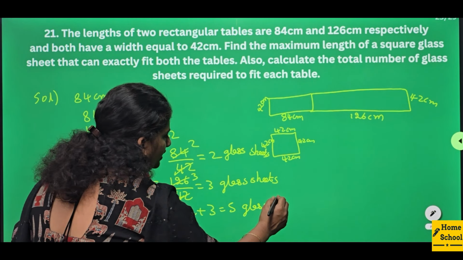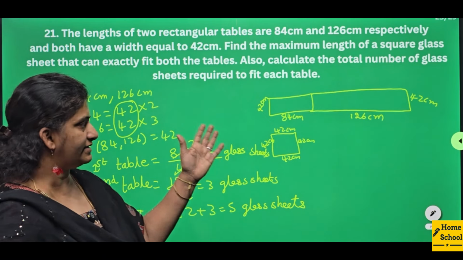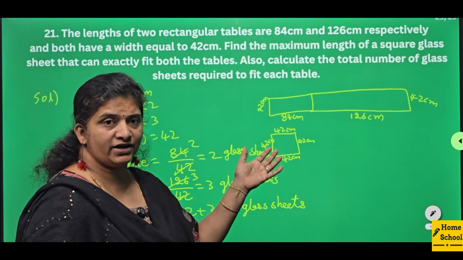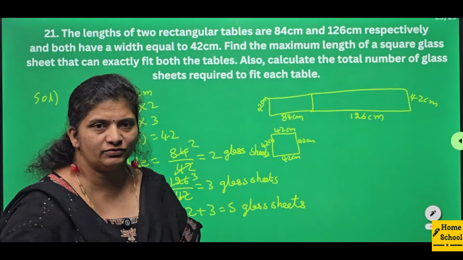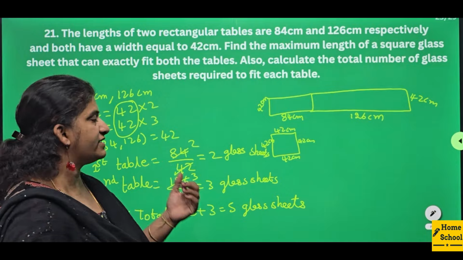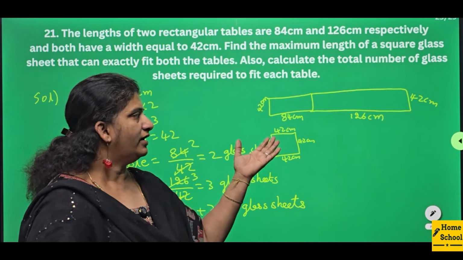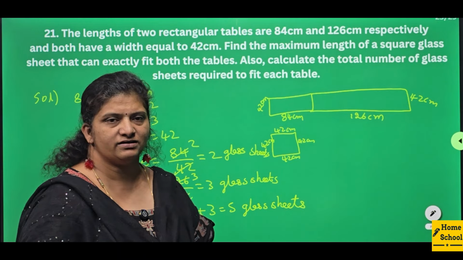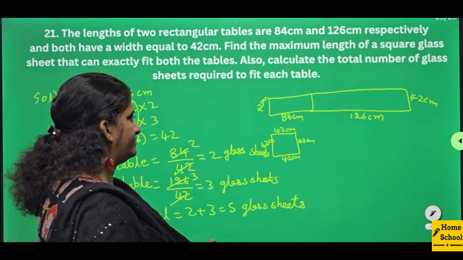Right? What did we do first? We found the HCF of the lengths of both the tables, 84 and 126. We got the HCF as 42. Now with 42 you divide 84 and 126. Therefore the total number of glass sheets required is 5 glass sheets.